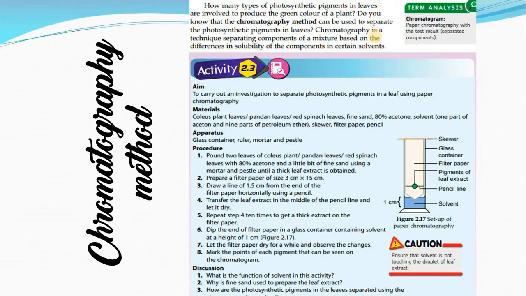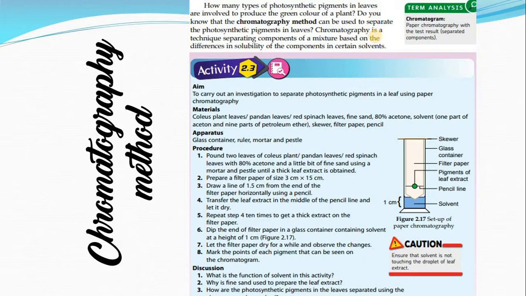So in this experiment, in this chromatography method, we are going to separate the photosynthetic pigments in a leaf that are involved in photosynthesis, right?